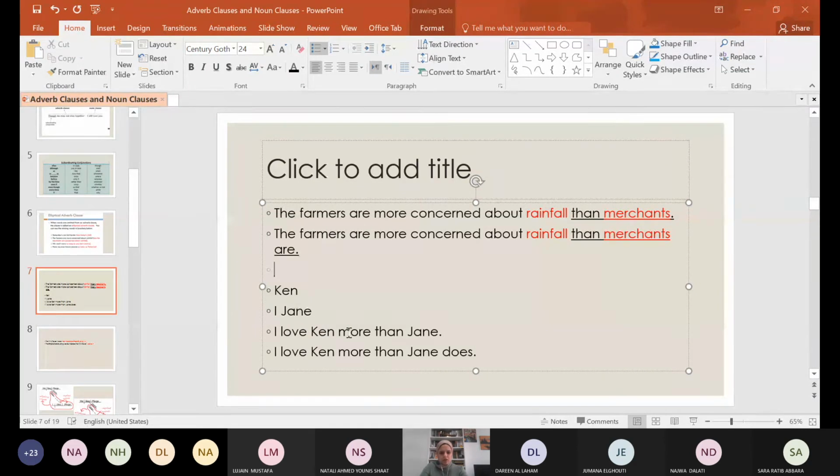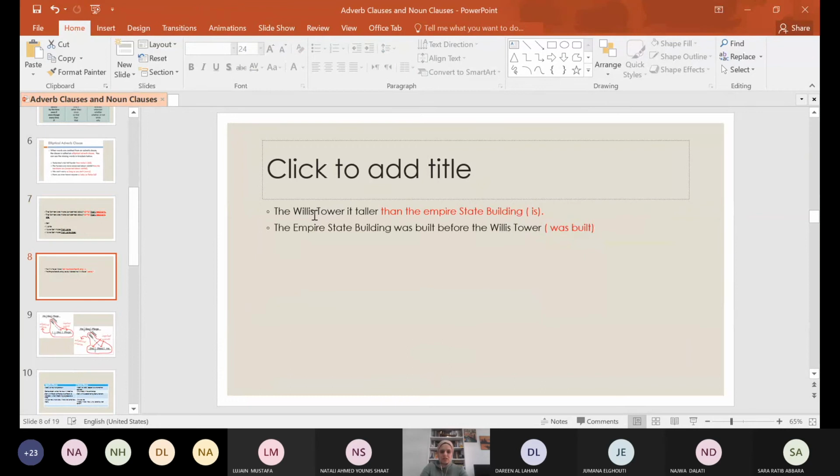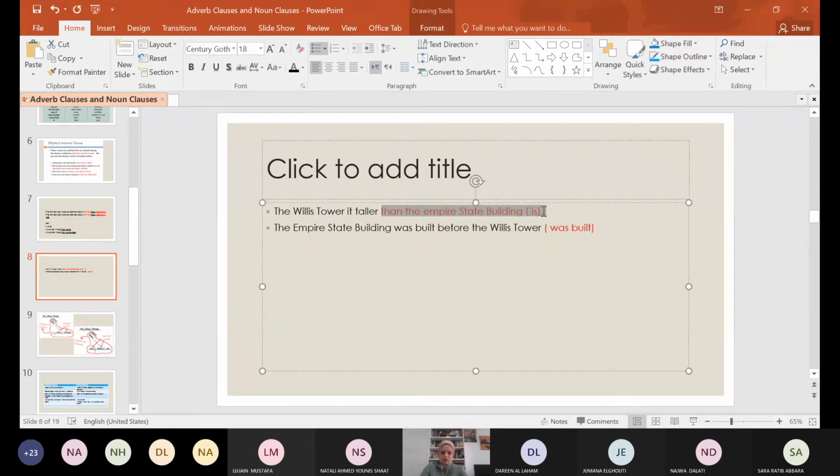I love Ken more than Jane, so than Jane. And here, more than Jane does. Here, the Willis Tower is taller than the Empire State Building. The Empire State Building was built before the Willis Tower was built.